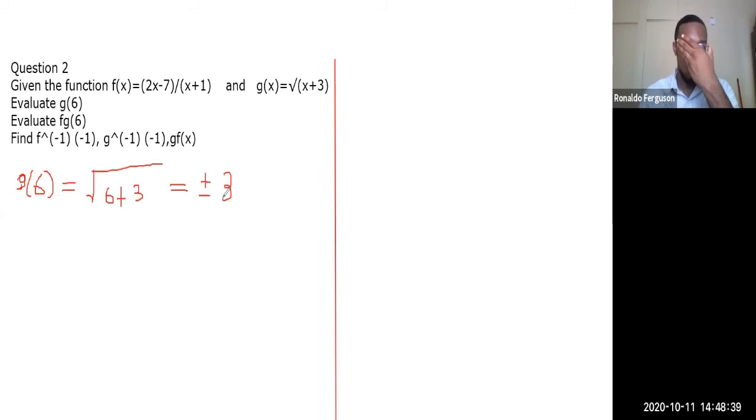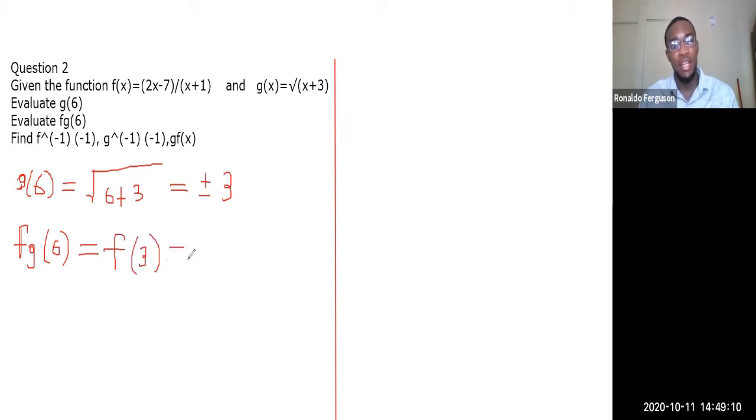Easy. The next thing it asks us for is fg of 6. So we want fg of 6. Given that we already found g of 6, which is 3, fg of 6 is just going to be equal to f of 3. Now you're wondering why I didn't take the minus 3, right?